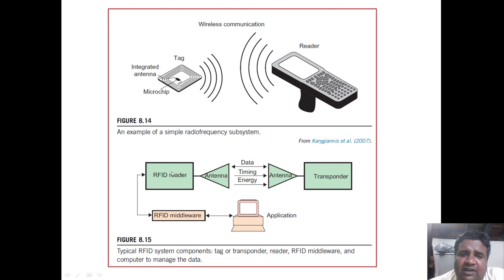The RFID reader will read when the product was manufactured and at what temperature it was stored, and we maintain the data in the computer. On the basis of this RFID information we can categorize, like this product was manufactured 2 months back and its shelf life is 3 months, so let's sell this item first.